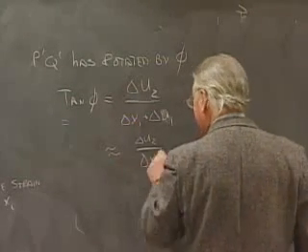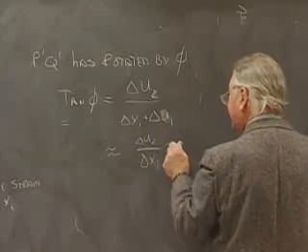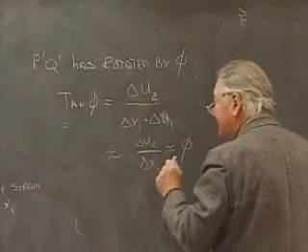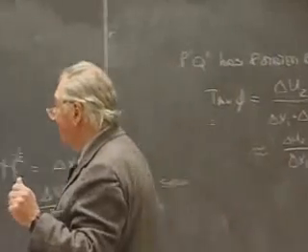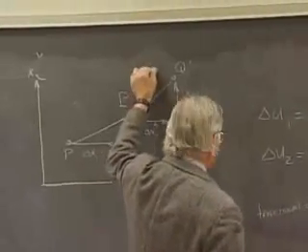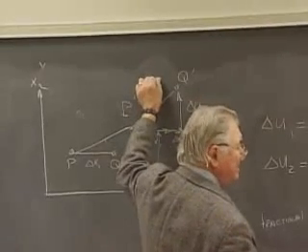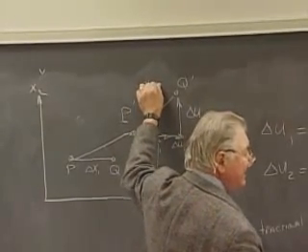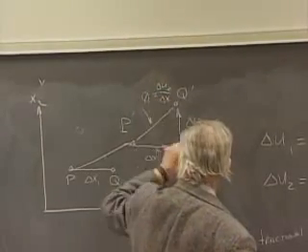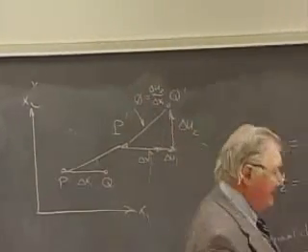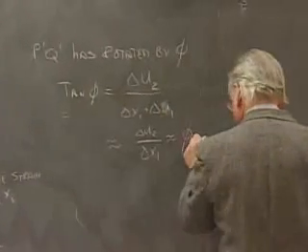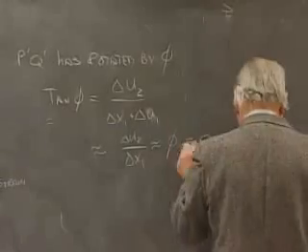And tangent of phi is going to be tangent of a very small angle, so this angle phi is, for small strains, going to be equal to delta u2 over delta x1. And that is the definition of our element of strain E12.